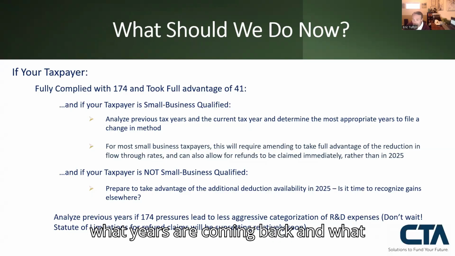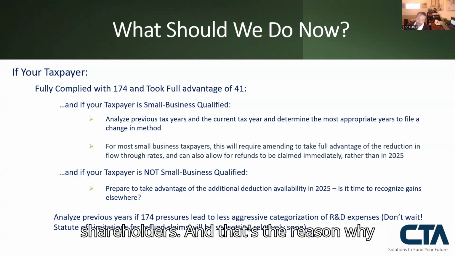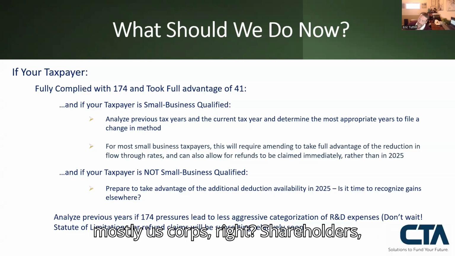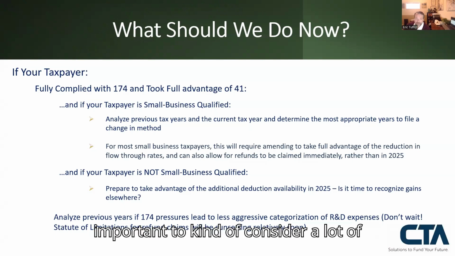It depends on what years are coming back and what aren't. But it's the same tax rate applicable to all of them versus the shareholders, and that's the reason why they gave shareholders, mostly for S corps, and partners the ability to go back and amend those tax returns. So it's really important to consider a lot of different alternatives as you're looking through it.